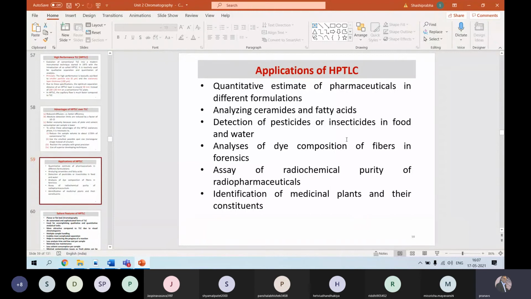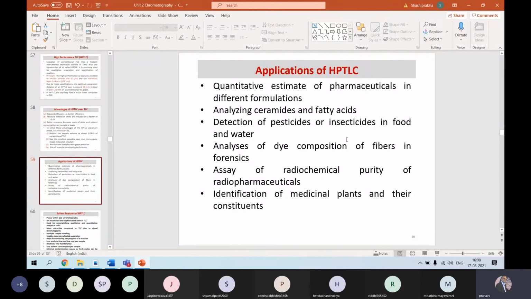HPTLC, the application areas are now expanding like anything with hyphenation as well. When you combine HPTLC with MS, but even without MS, directly only HPTLC, you find applications in pharmaceutical analysis, in analyzing several other things like food samples or pesticides, or in detecting dyes, and in metabolomics, in proteomics, in analyzing natural products.